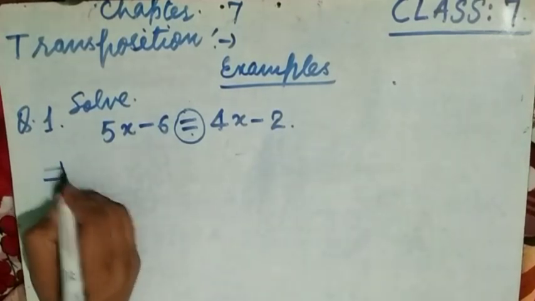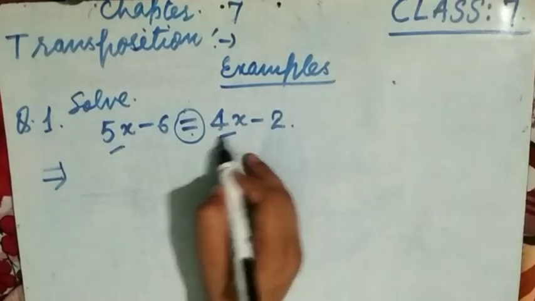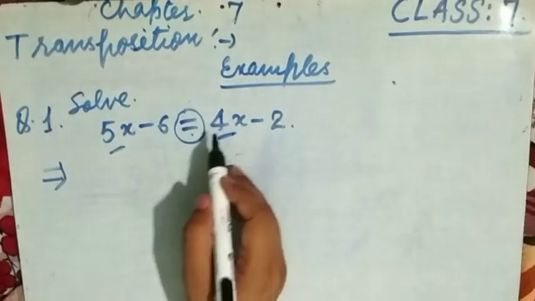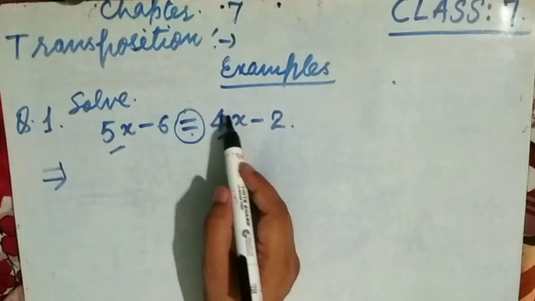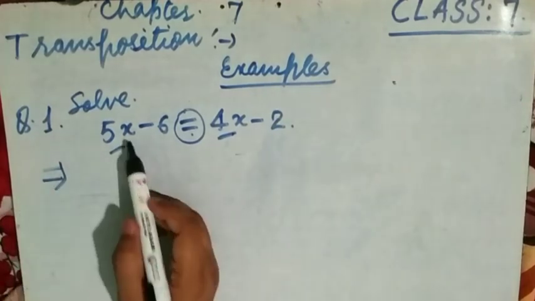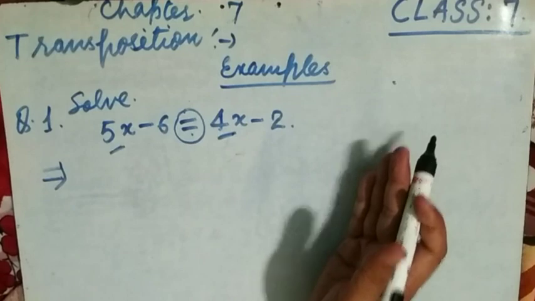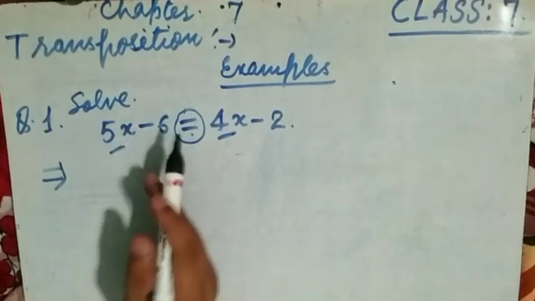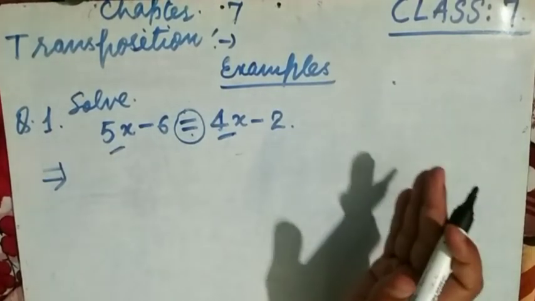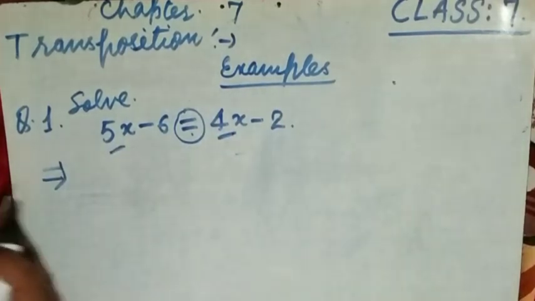Now I'm going to practice here. There is the 5x, here is the 4x. Now we are going to transpose, that means we have to bring all the x terms, all the variables, to one side. Here is the left hand side, this is one side, and here is the other side, the right hand side. Here 5x is one variable term, and the same variable is over there, and we have to bring the same variables to the left hand side.